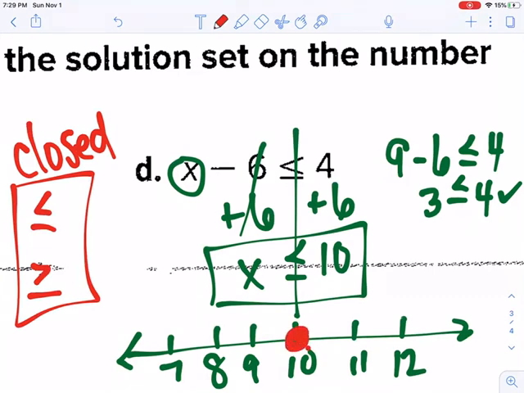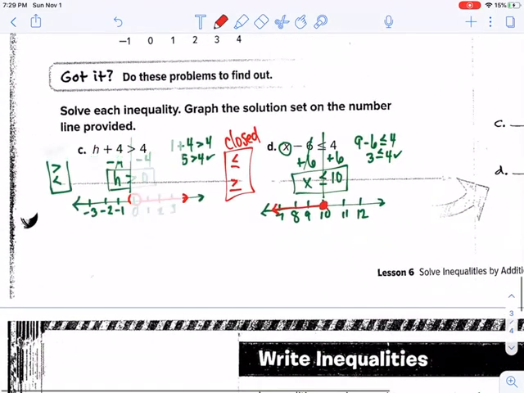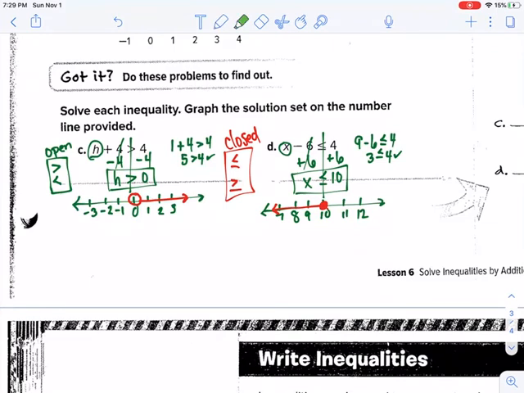So we're going to do a closed circle on 10. Because it's less than or equal to, it's going to go to the left. That means anything 10 or below could be an answer to x. So make sure you have this and this written down somewhere so that you know what type of circle you're using when you are graphing.